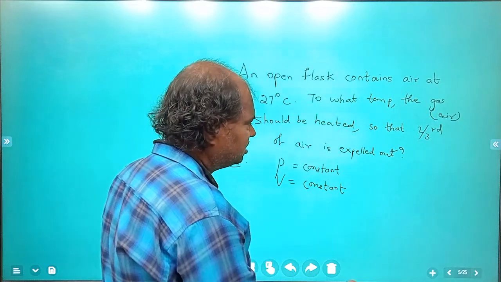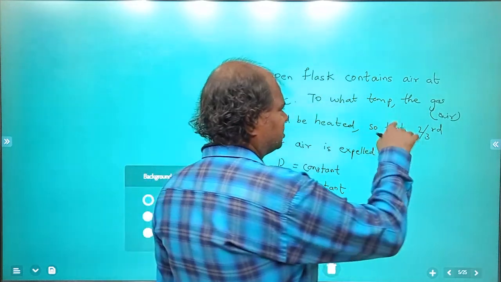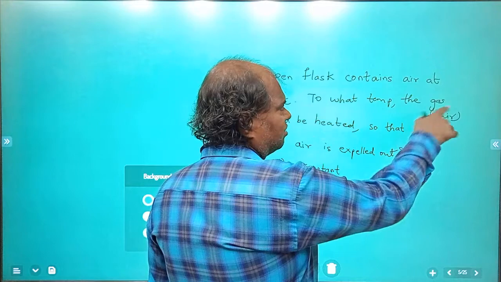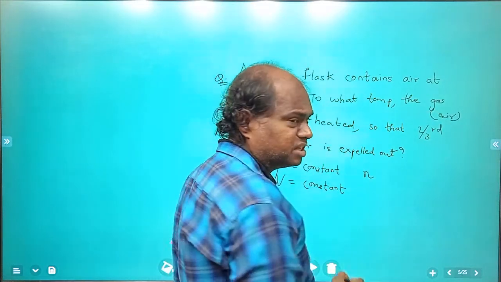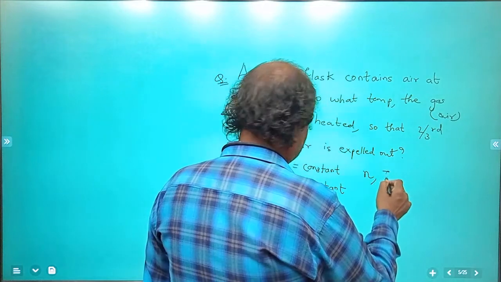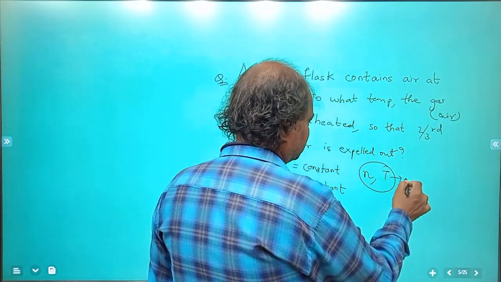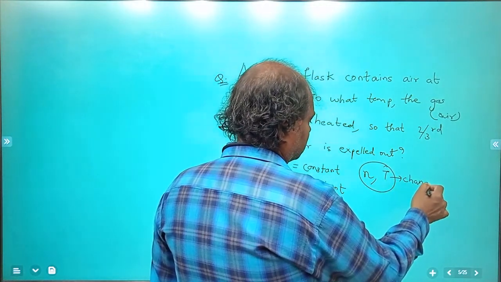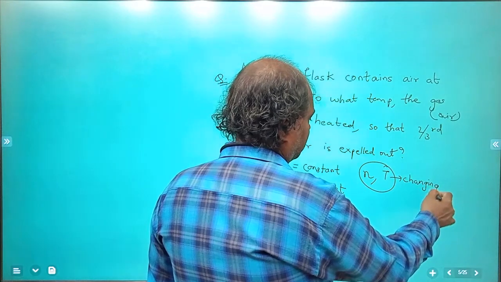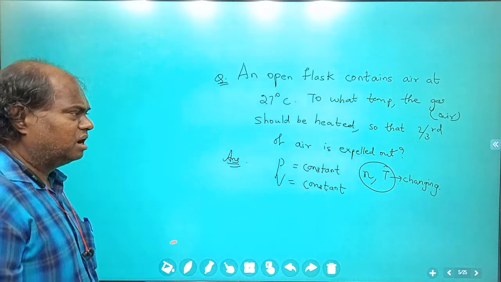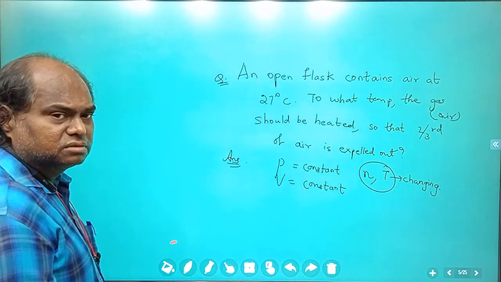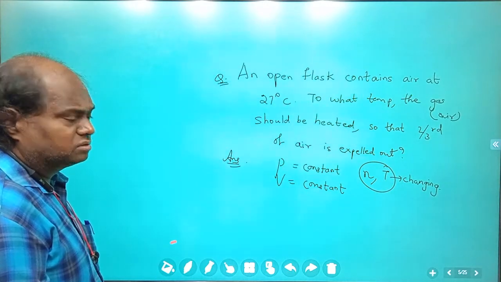Okay. Now what is changing is the amount is changing. You see, first you had air and then the amount is becoming two-thirds now. So amount is changing means what? Number of moles are changing. And temperature is also changing. So these two are changing. Number of moles and the temperature, these two are changing. Very, very important. R is obviously constant. Okay.